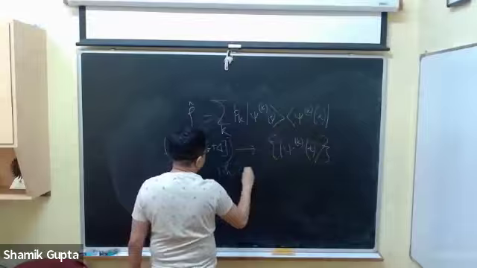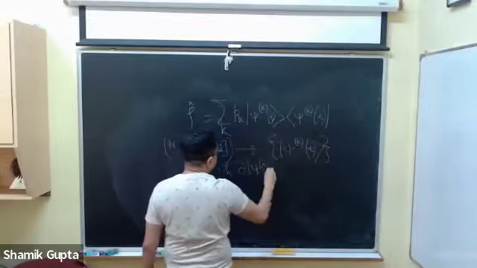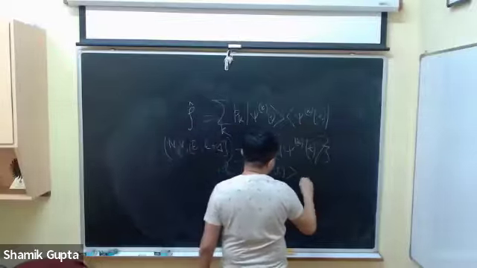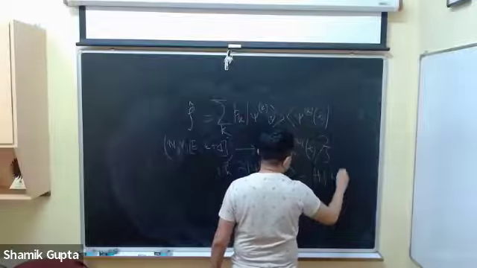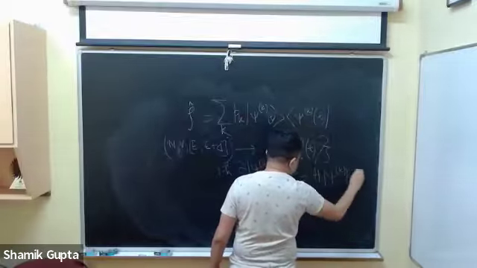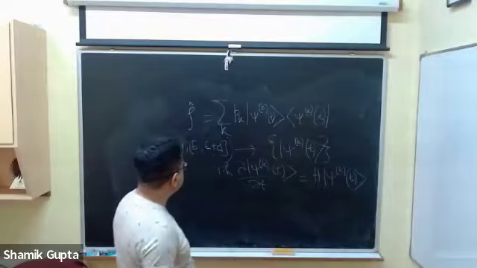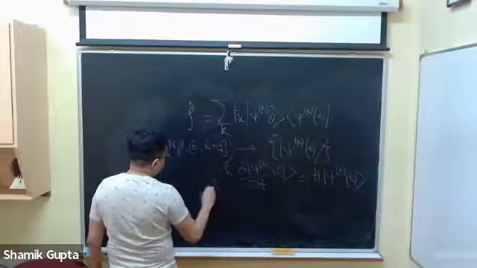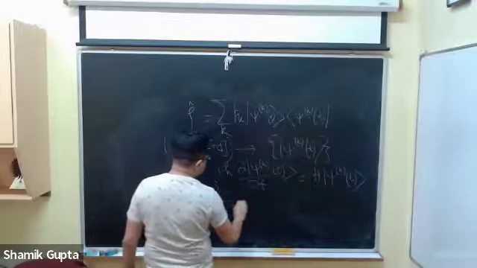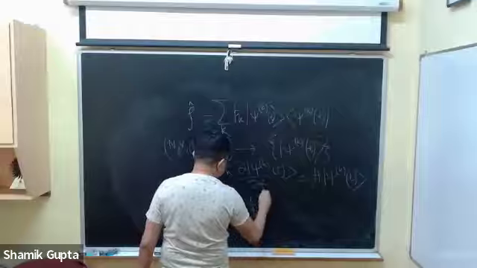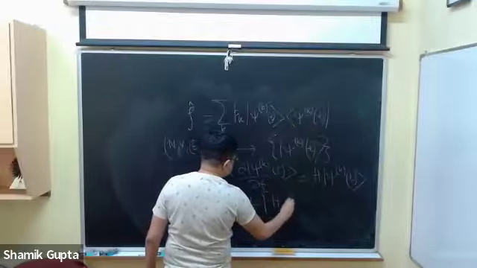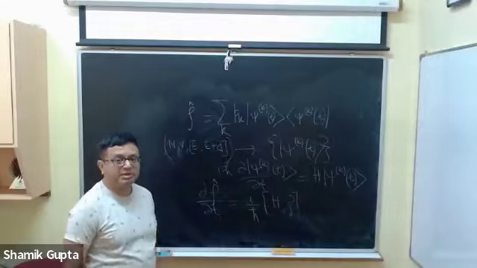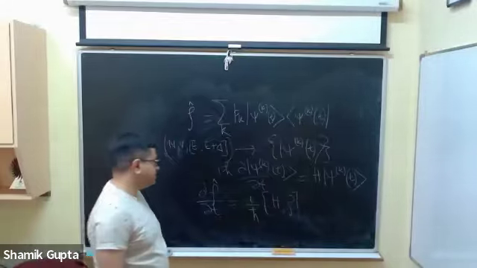They evolve according to the Schrodinger equation. Therefore, if I use it here, I get the quantum Liouville equation. It is the quantum analog of the classical Liouville equation.